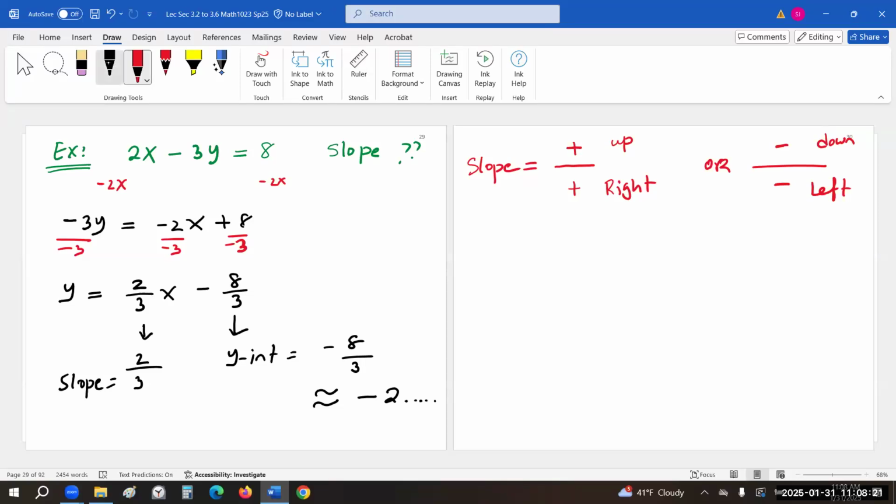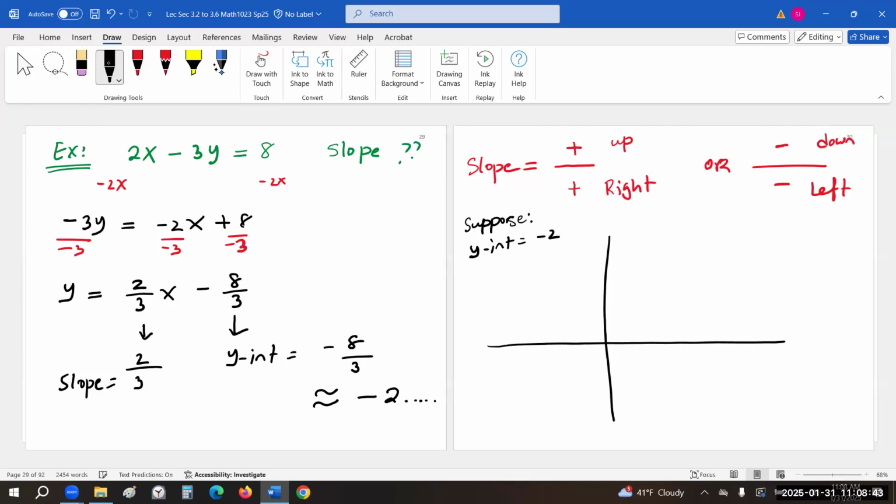So what does that mean? In our equation, we have a y-intercept of negative 2 point something, right? To make our life easier, suppose our y-intercept is only negative 2.